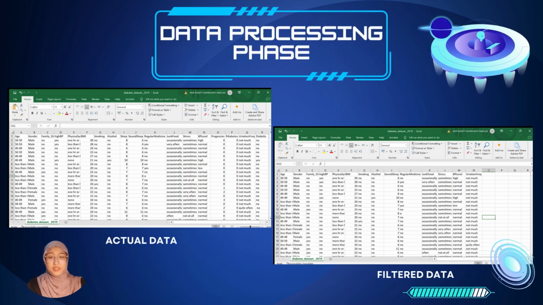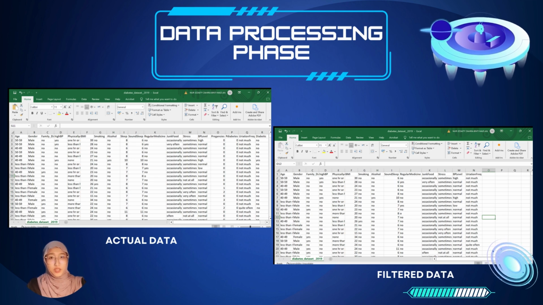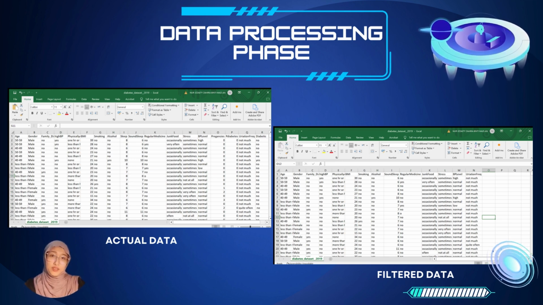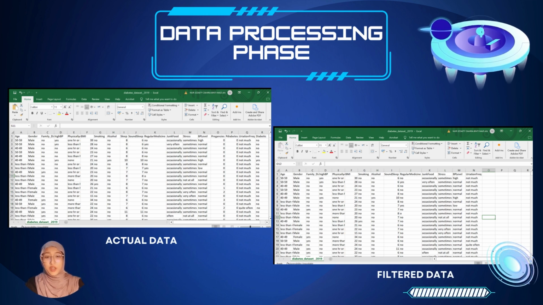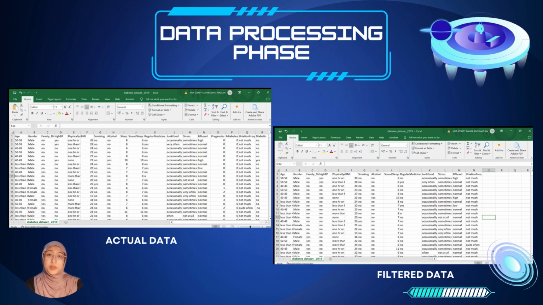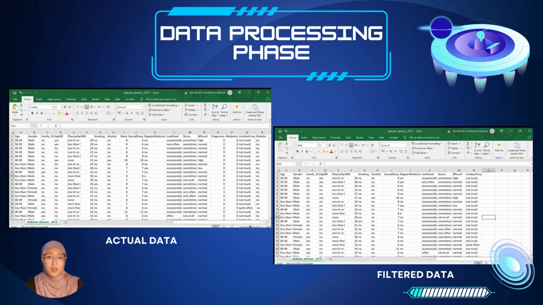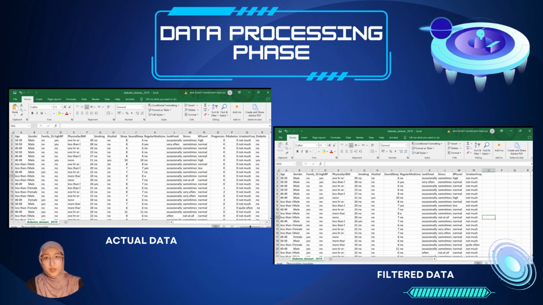So for findings, this is the actual data and the filtered data that we found on Kaggle. Today, I will be discussing the key factors influencing the prediction of diabetes based on our dataset. We analyze various attributes such as age, gender, family diabetes history, physical activity, BMI, smoking, alcohol, sleep, regular medicine intake, junk food consumption, stress, BP level, and urination frequency.